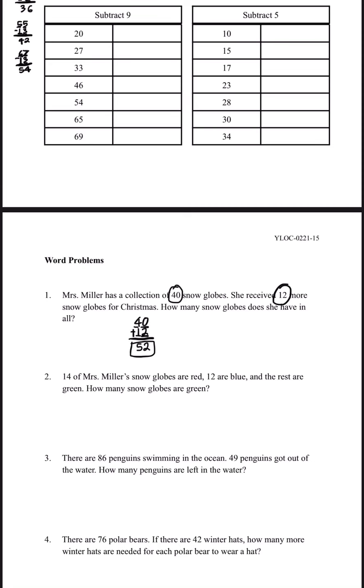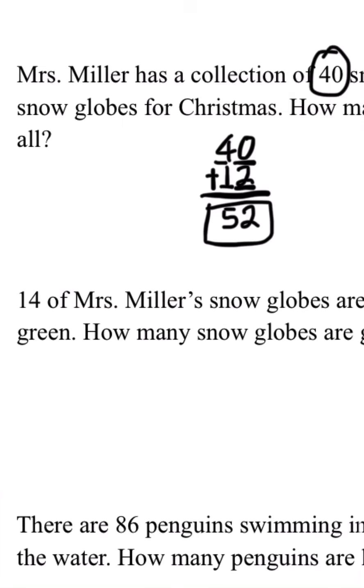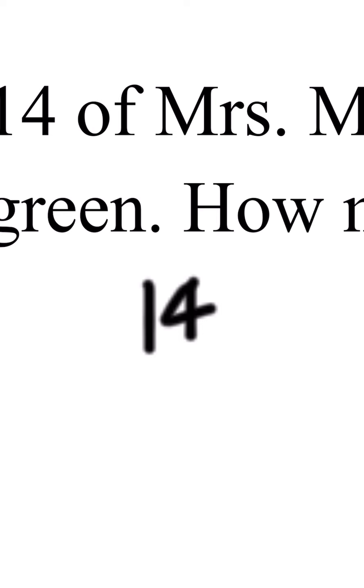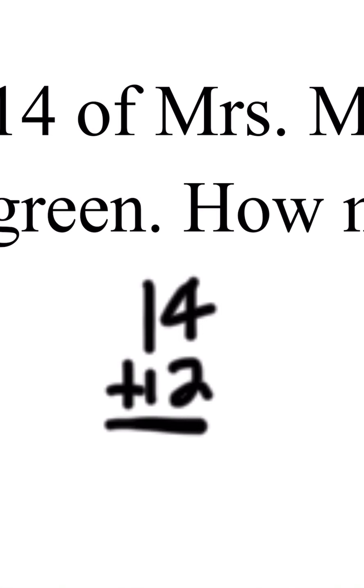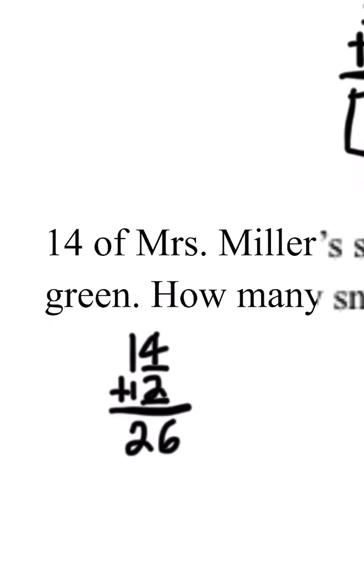To find out how many snow globes are green, we need to first add the numbers of blue snow globes and red snow globes. So 14 plus 12 would be 4 plus 2 is 6, and 1 plus 1 is 2. So 26.